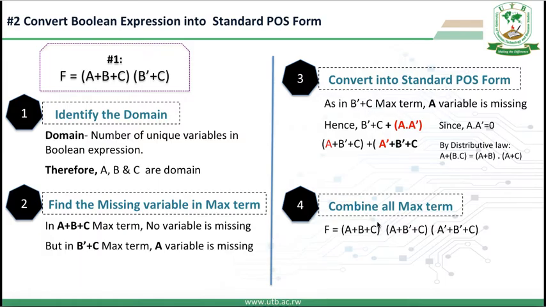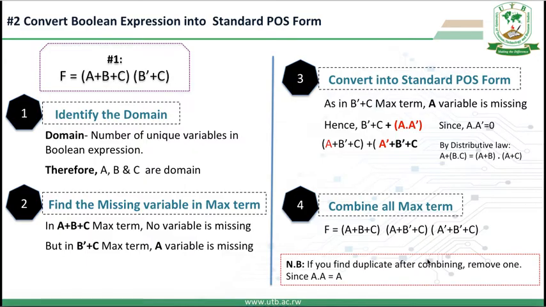So we combine A plus B plus C times A plus B complement plus C times A complement plus B complement plus C. This is your standard POS form, or canonical POS form, because it is a product of sums. This is a sum term, this is a sum term, this is a sum term, and they are multiplied. If you find a duplicate after combining, remove one, since A times A equals A.